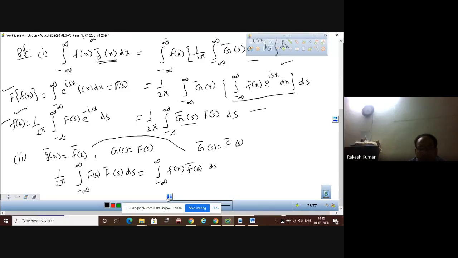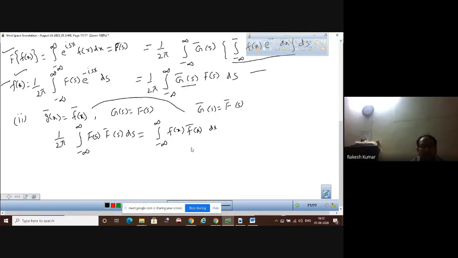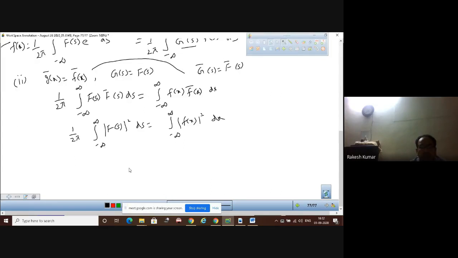We know the definition, this is always the modulus of that. So it can be written as 1 upon 2 pi, integral from minus infinity to infinity of modulus of f of s squared ds, equal to the integral from minus infinity to infinity of modulus of f of x squared dx. You know that modulus of f of s whole squared will always be positive.